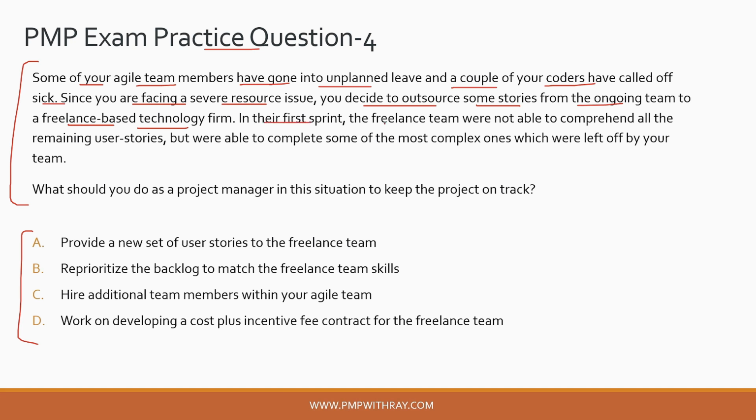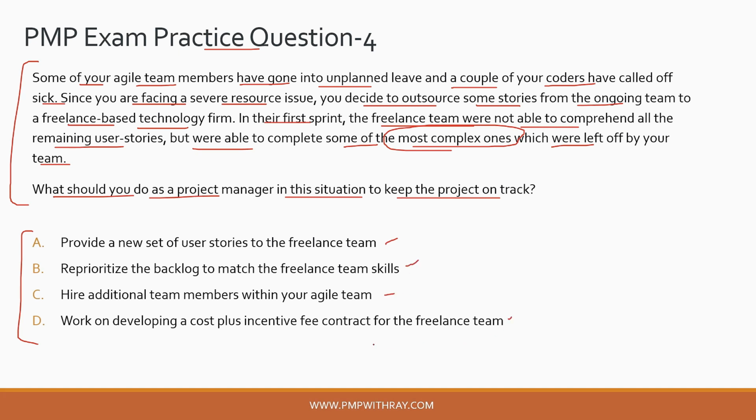Okay, in the first sprint, the freelance team were not able to comprehend all the remaining user stories, but were able to complete some of the most complex ones which were left off by your team. Okay, what should you do as a project manager in this situation to keep the progress on track for the project? And it has given you 4 options.